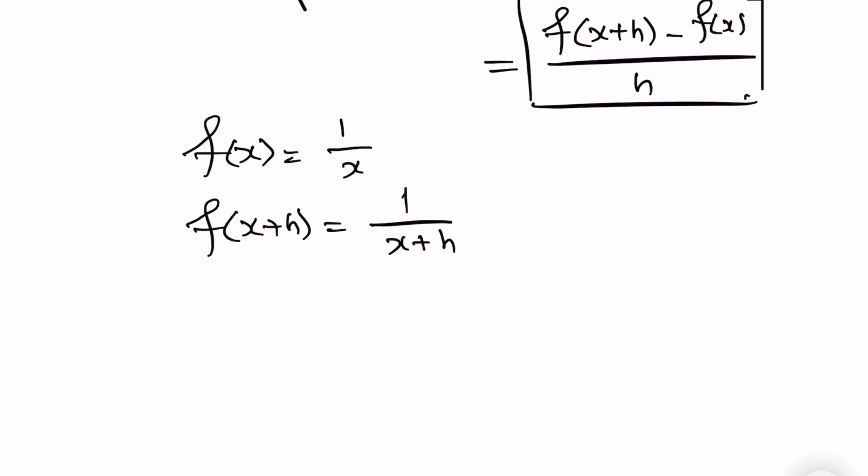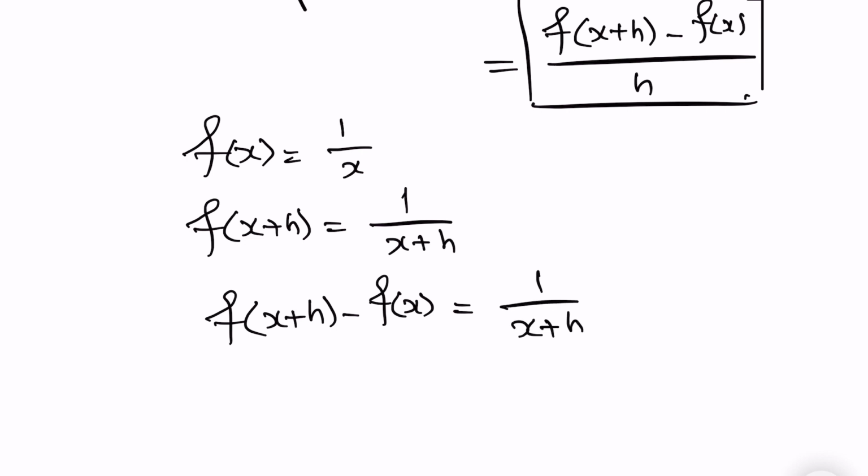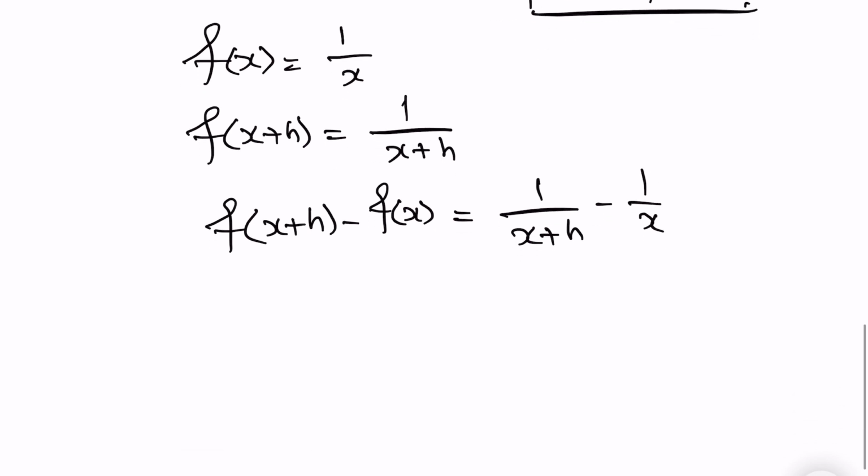And when we find the difference quotient, we need a difference of f of x plus h and f of x. So this is 1 over x plus h minus 1 over x. Well, if you don't like fractions, you won't like it. To add or subtract two fractions, we need a common denominator.